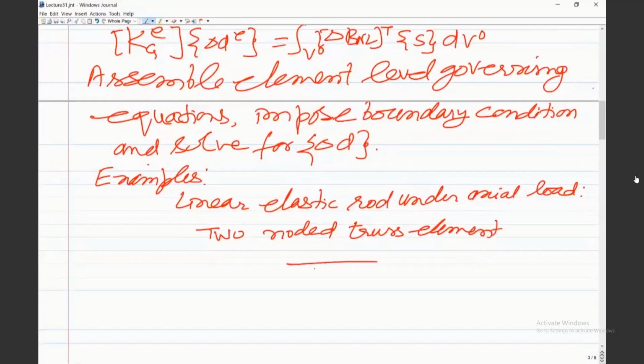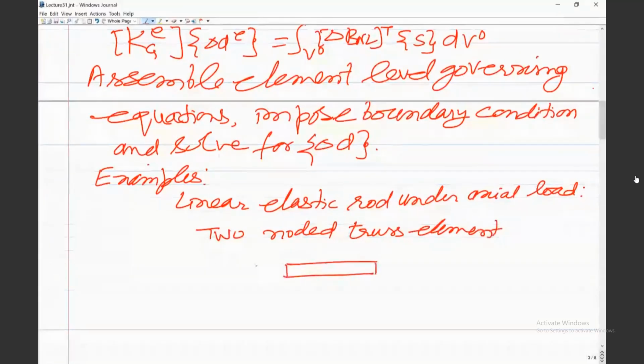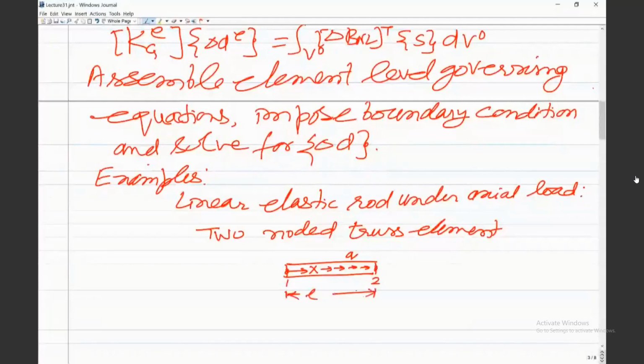So the element is like this: it's a one-dimensional element, and this is the global x coordinate, and there is a distributed load here, which is Q. This is node 1, this is node 2, and this length is small l.